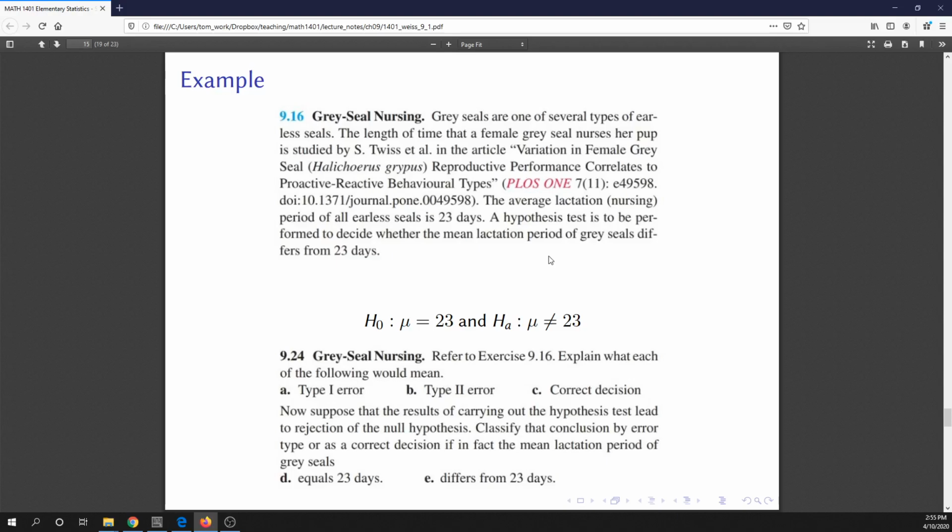This is about the gray seals and their lactation period. So just cut to the chase here. In that previous video, it says the average lactation period of all earless seals is 23 days. A hypothesis test is to be performed to decide whether the mean lactation period of gray seals differs from 23 days. So the alternative hypothesis was that the mean was not equal to 23.